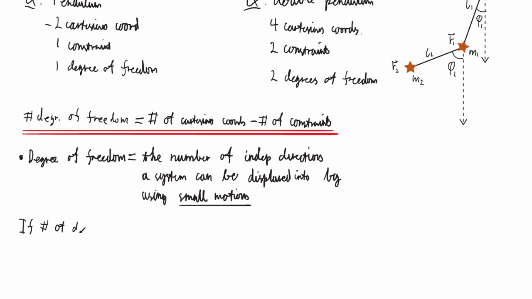So if the number of degrees of freedom in an n-particle system is less than 3n, then we say that the system is constrained.